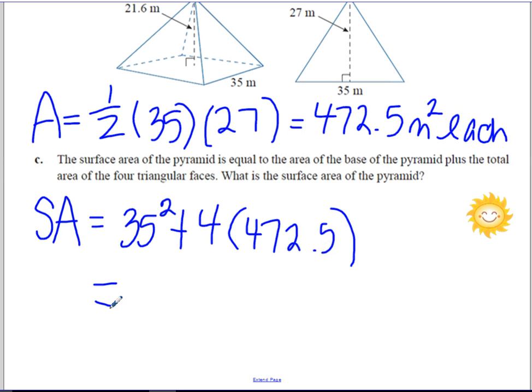And so when we multiply that and add it to the 35 squared, we get 3,115 meters squared. The 35 squared was 1225, and then the 4 times the triangles gave us 1890. If you need to check your math as far as those two numbers go to get the 3,115 meters squared.